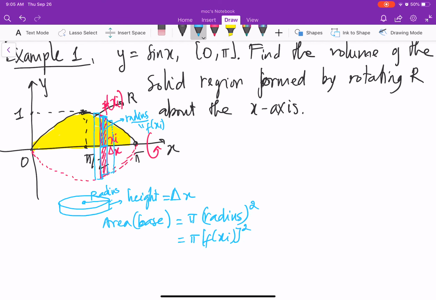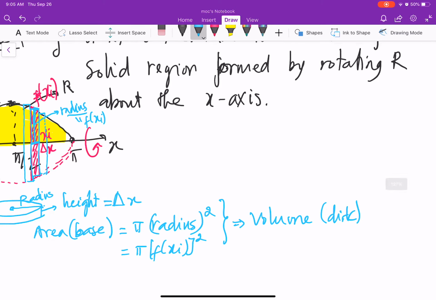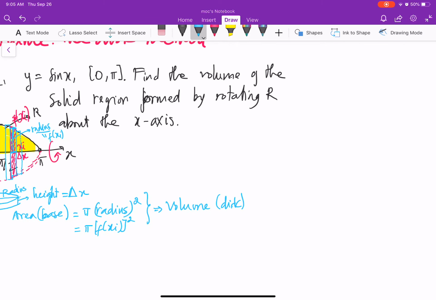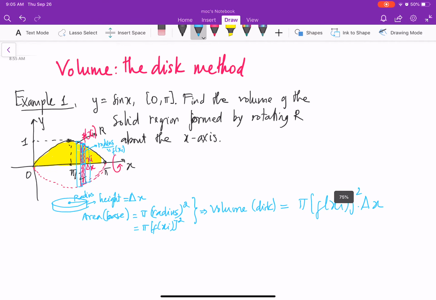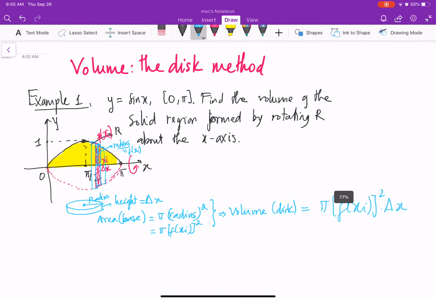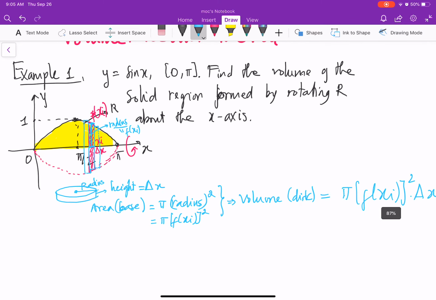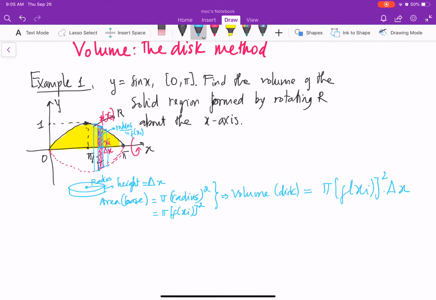From here, we can find the volume of each disk. The volume of the disk is equal to pi f of xi square times delta x. So see, we have something already, right? That is the volume of each disk, and we use this to approximate each small piece of our solid region. And now I will sum them up.